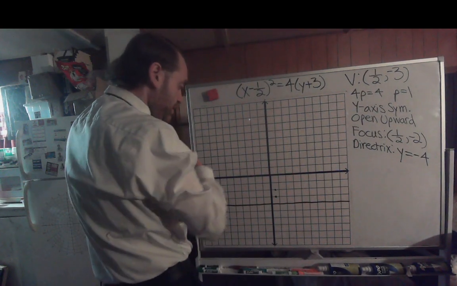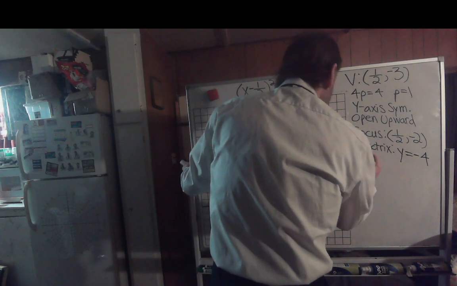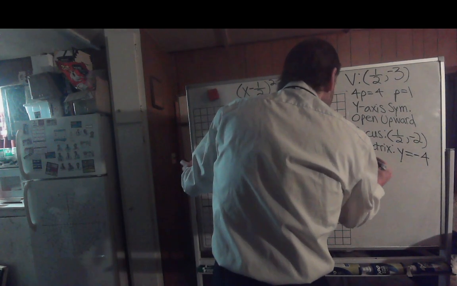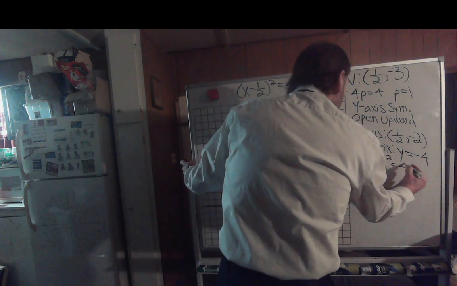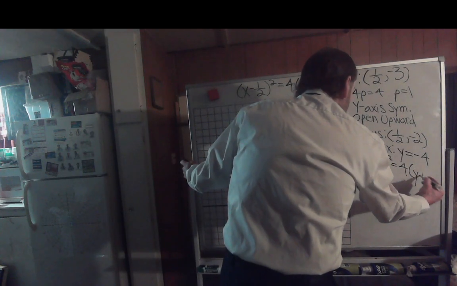Alright, so let's pick x equals -1. So (-1 minus 1/2) squared would equal 4 times (y plus 3).